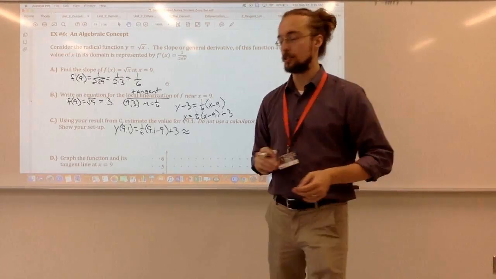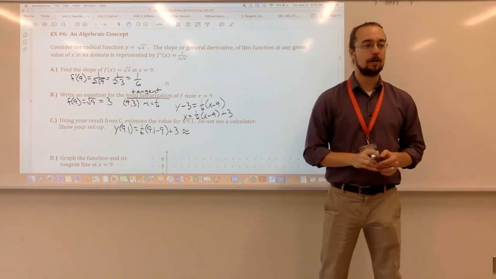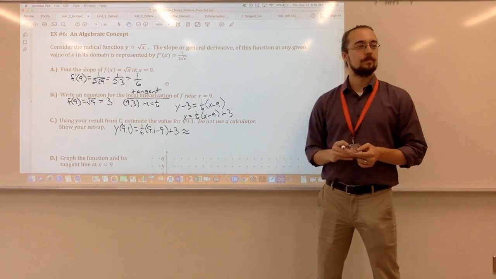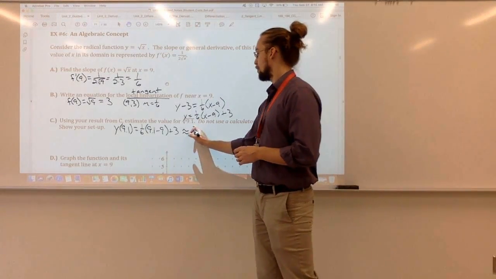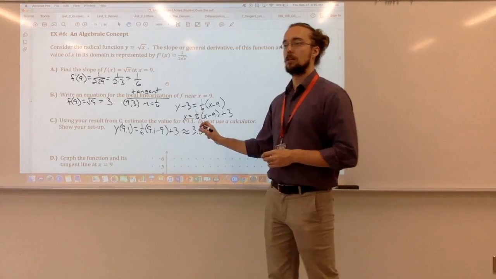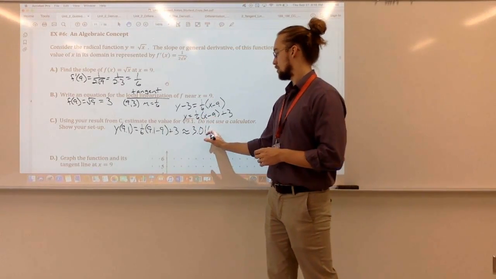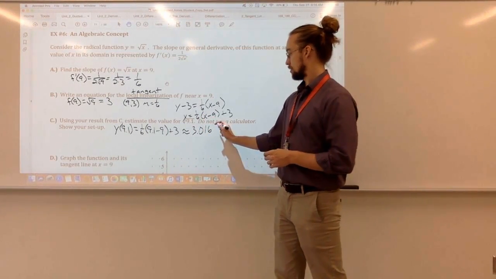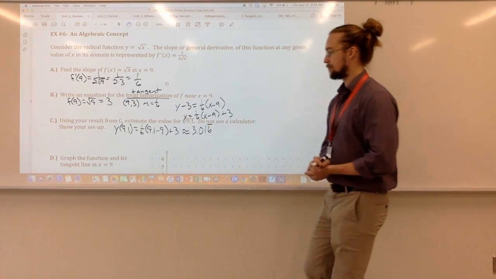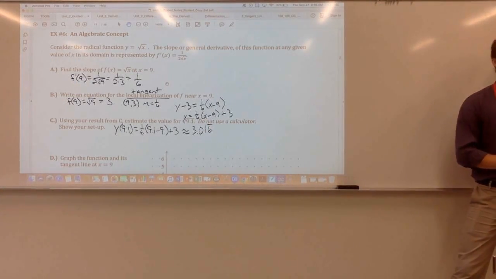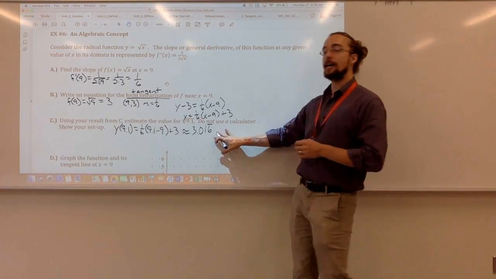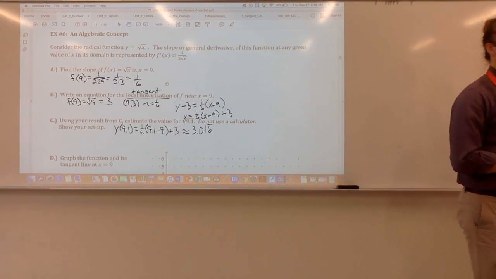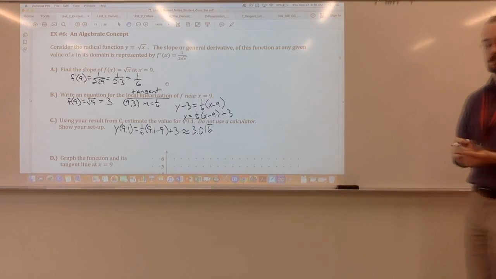Oh, you're doing it in your head. 3.01 and 6 repeating. So using our local linearization, this is our estimate of what the square root of 9.1 is.